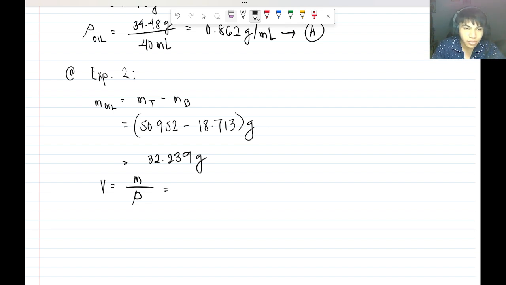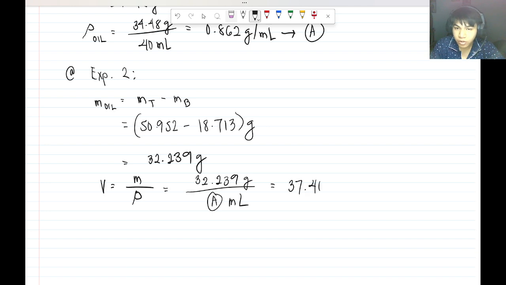The mass is 32.239 grams, and we use the stored value of 0.862, so that's A, in milliliters. And now we have around 37.40023, and so on. That is milliliters. And let's store that to B.